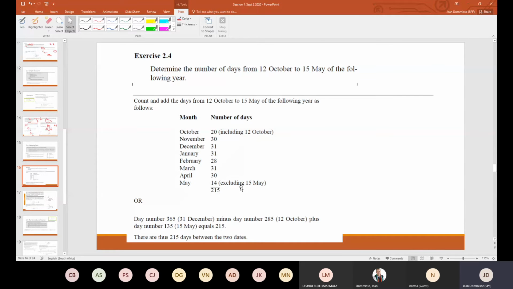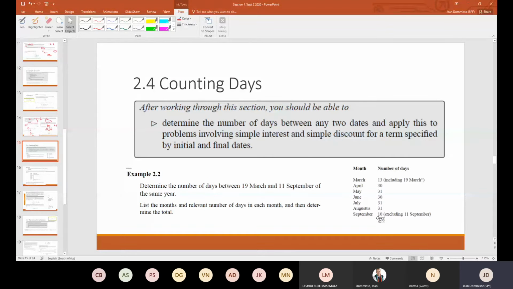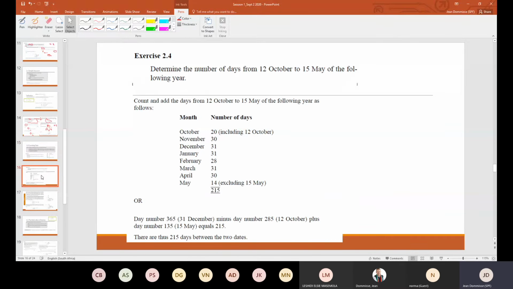Also, what is important is that if you use that table, here we're going from October till December, and then from December till May. So it's the other way around from when we looked at the same year. There we would just have looked at the table and subtracted one date from the other. Here we are going over to the next year, so it's important how you use the table as well.